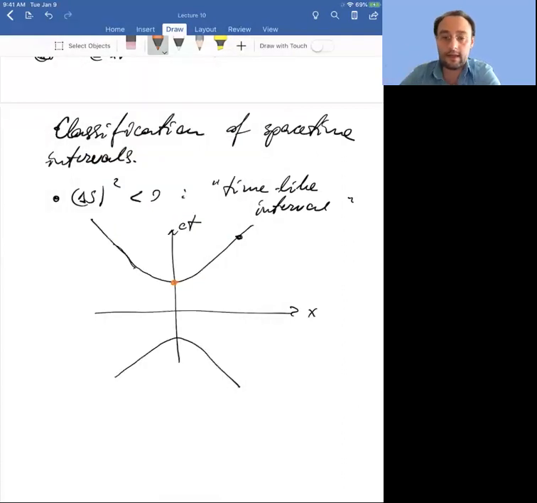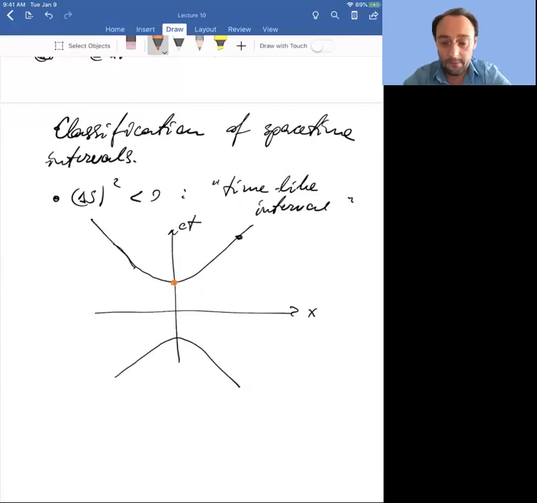So if an event is time-like, you can always find a reference frame accessible by a Lorentz transformation for which that event takes place exactly on the CT axis. A time-like interval, as seen from all those different accessible reference frames, forms a hyperbola with the foci on the time axis. Again, you have one and the same event, you can view it from different frames, and you will form that hyperbola.